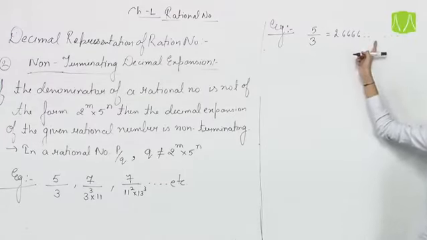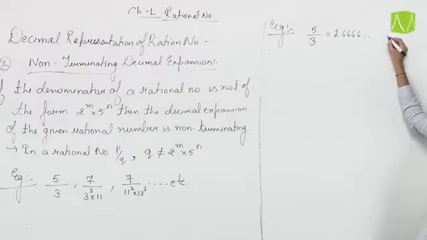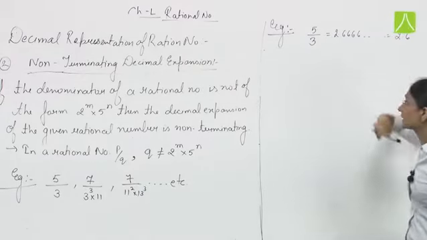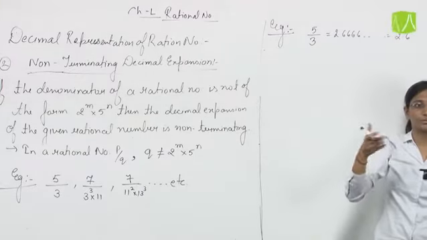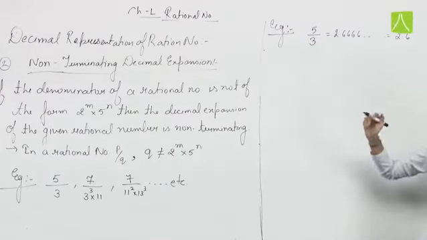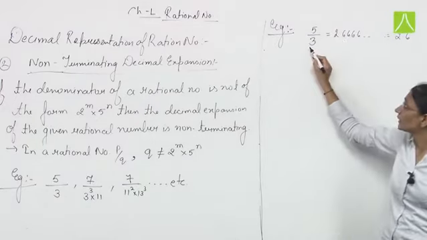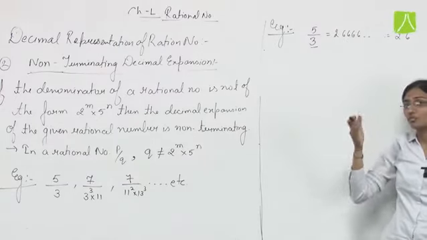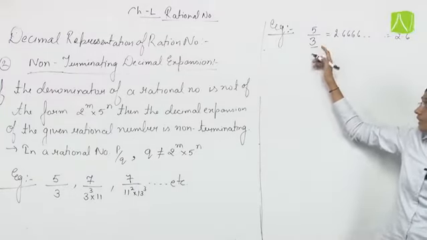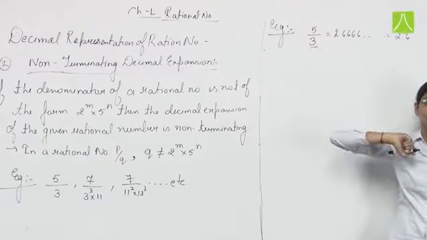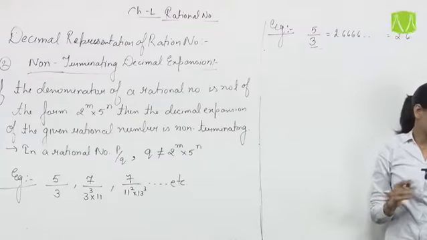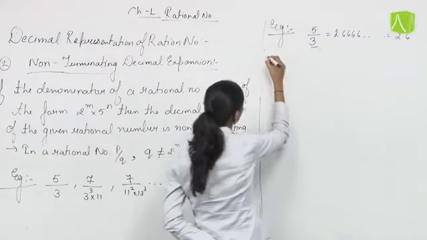This 6666 would be repeating, non-terminating. It can be written as 2.6 bar. Whenever a digit is repeating more than one time, we can put a bar on that particular digit. So for 5 by 3, the denominator is 3, which is not of the form 2 raised to the power m, 5 raised to the power n. Therefore, the decimal representation of this number is non-terminating and repeating. There are more examples.